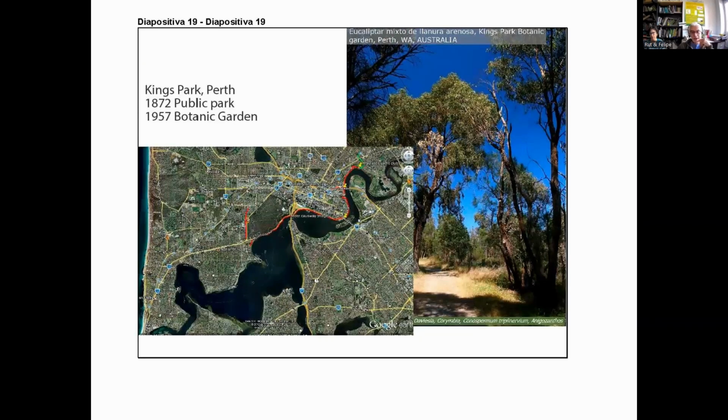You can find a micro reserve, a public park with the natural vegetation, the eucalyptus forest, growing very close to the city center in Perth in Australia.